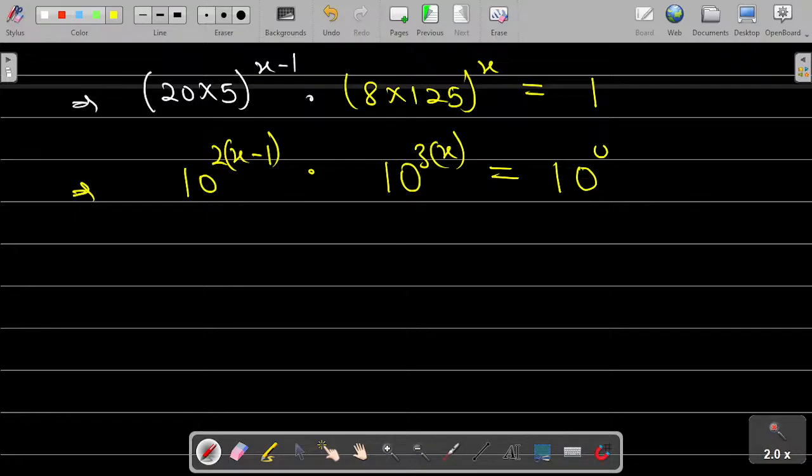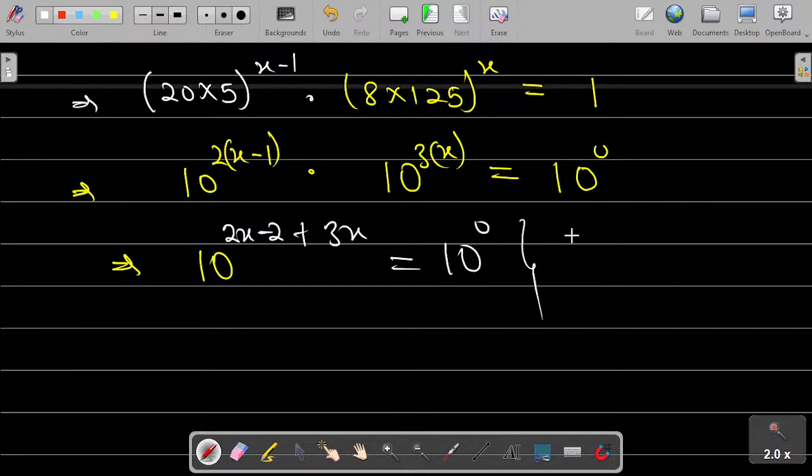So if we add the powers, we are going to get 10 raised to the power of 2x minus 2, then plus, because of the multiplication, 3x, and that's equal to 10 to the power of 0.